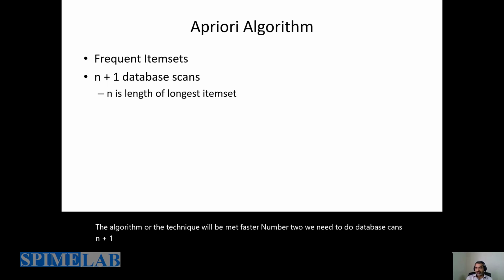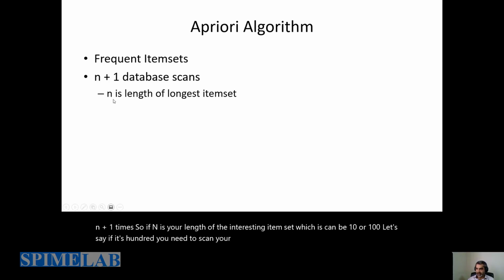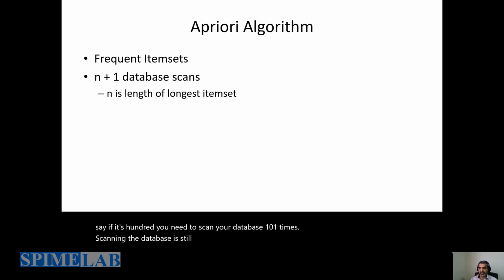So if n is the length of the interesting item set, which can be 10 or 100, let's say if it's 100, you need to scan your database 101 times. Scanning the database is still not a cheap operation, right? You need to check the whole database to count the frequency of the interesting item sets, which, if it's a huge database, big data, is still an expensive operation.